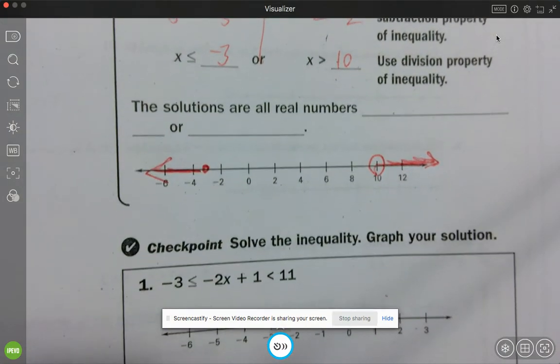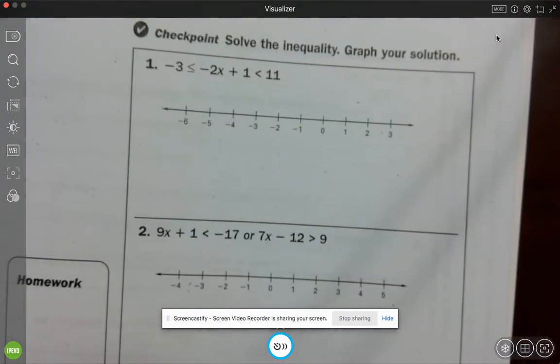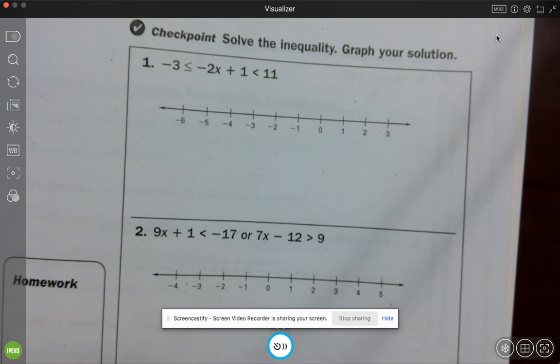All right, we've got 2 checkpoints for you to try, and then maybe a little bit of classwork for today. I want you to pause the video and try these 2 and see if you get what I'm about to show you.